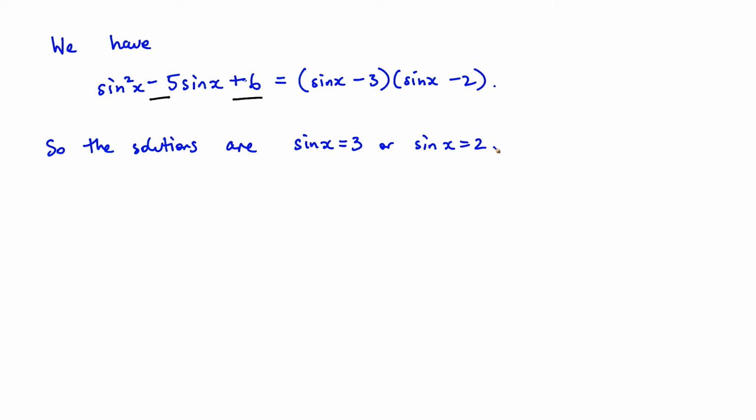Now we're not quite done, because when you're given an equation and ultimately the unknown is x, you want to find values for x, not values for sine x. So now we've got pretty standard trig equations here. We've got values for sine x, and we can think about using the inverse sine function to work out the actual values for x. Okay, but immediately there's an issue with this question.